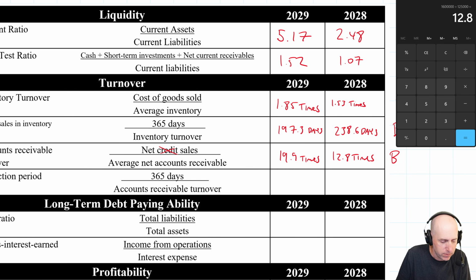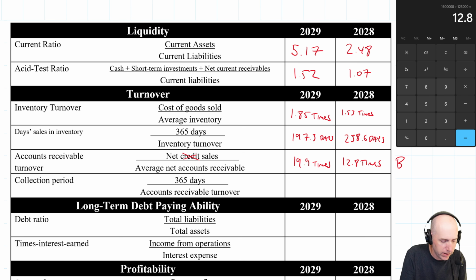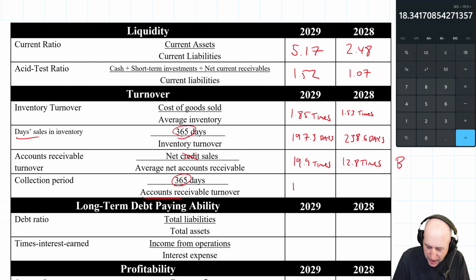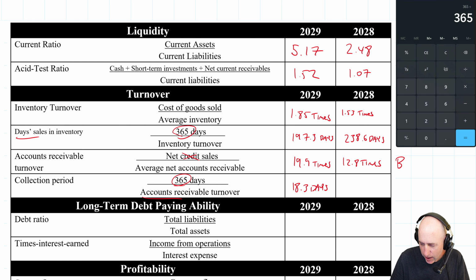I always find this days one, or collection period, like days sales in inventory is 365 divided by inventory turnover. This one's 365 divided by AR turnover. So we just did AR turnover, 365 divided by 19.9, 18.3 days. And 365 divided by 12.8, 28.5 days.